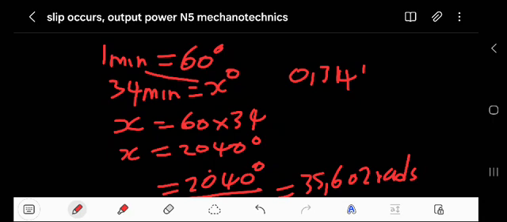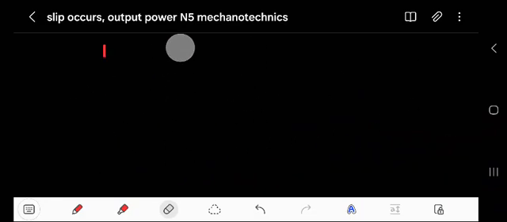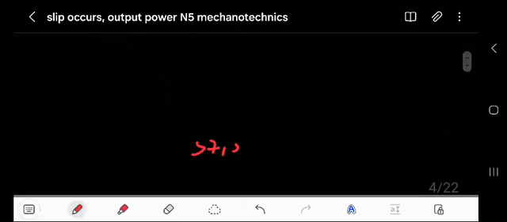Then we add this. Let me check. Then divide by. So this is what it is, guys, because we'll round off, and your answer becomes easy.